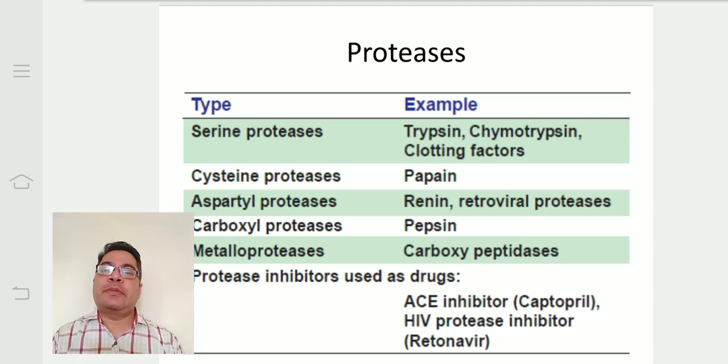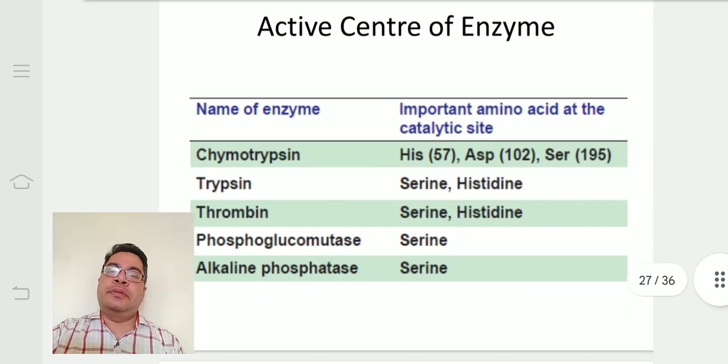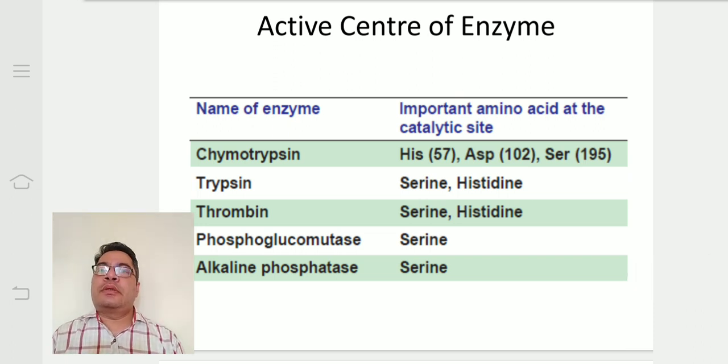Here are the important amino acids at the catalytic site. For chymotrypsin, it is histidine, asparagine, and serine. For trypsin and thrombin, there is serine and histidine. For phosphoglucomutase and alkaline phosphatase, there is serine present.